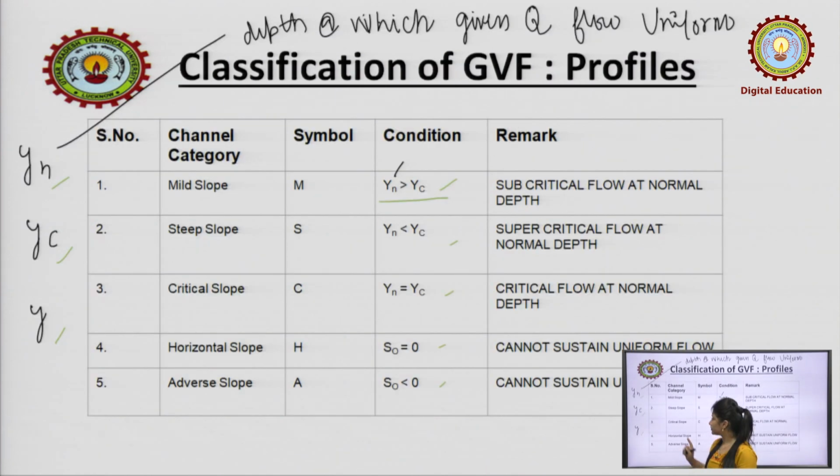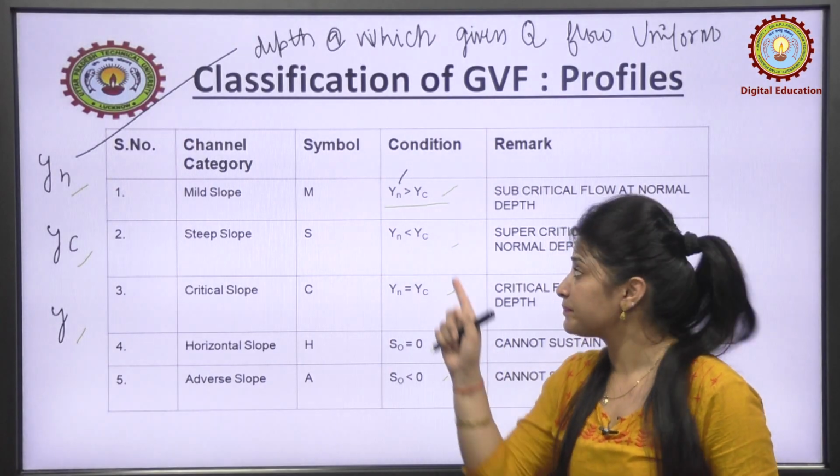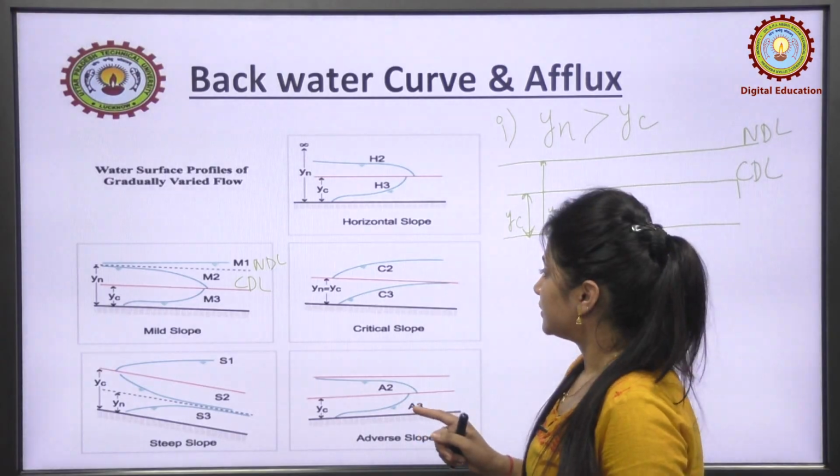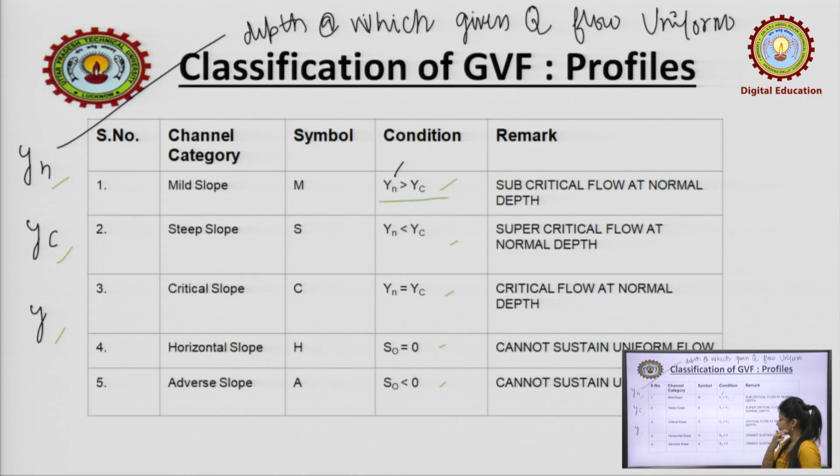For mild slope, what we have studied is Yn, normal depth, is greater than Yc. Next one, steep slope. Steep means what? You are having a positive slope. Steep means steep valley, positive slope, you are having slope in positive value.